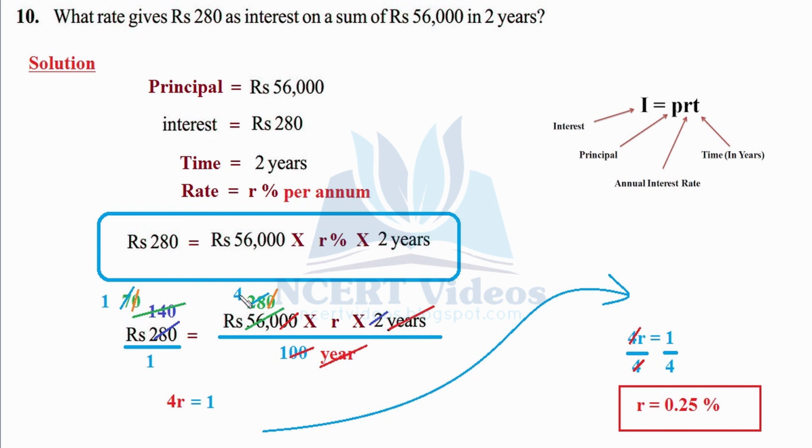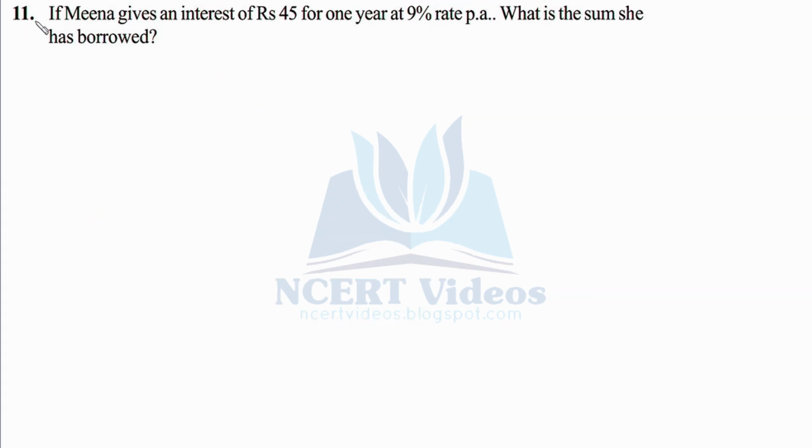So 4R into 1, therefore 4R equals 1. So to get rid of this 4 with the variable R, divide both sides by 4. 4 cancel, R separated, 1 by 4 is how much? 0.25%. So the rate is 0.25% when 56,000 gives you 280 as your interest in 2 years. That is your question 10.